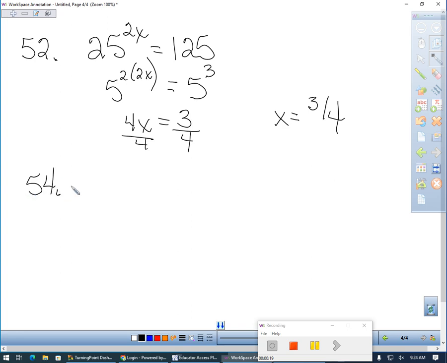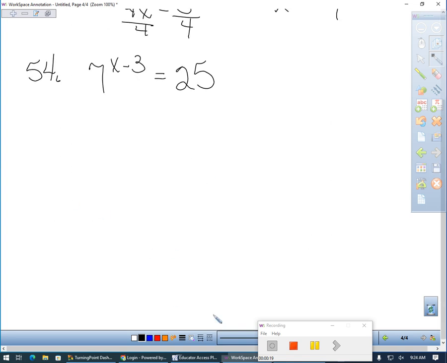54, I have 7 to the x minus 3 equals 25. So on this one, there's no way to get the similar bases to do a one-to-one function, so we have to change this into log form. So this is log base 7 of 25 equals x minus 3.